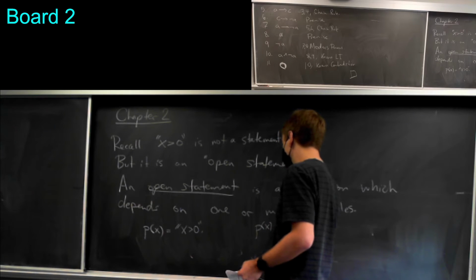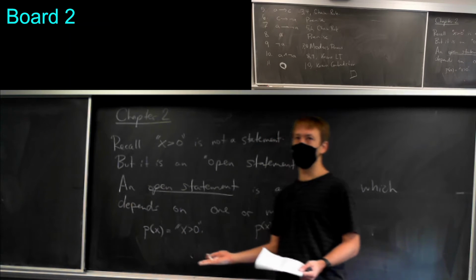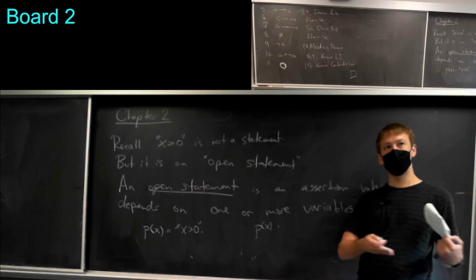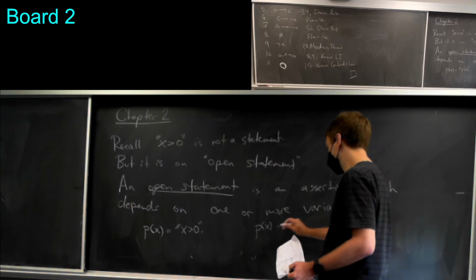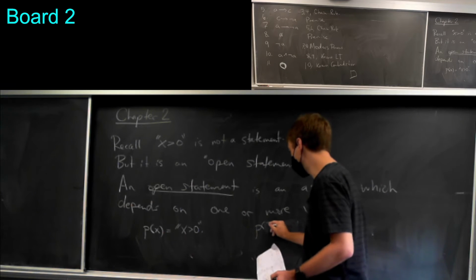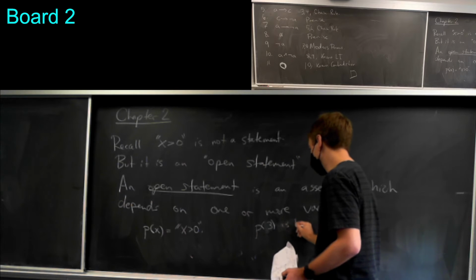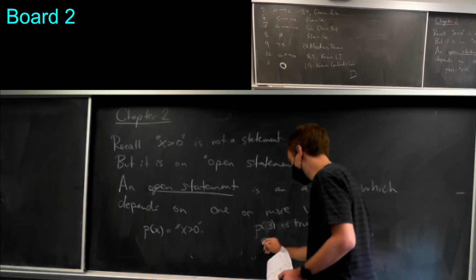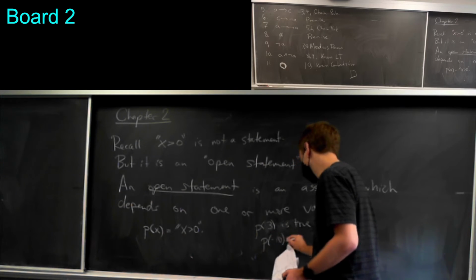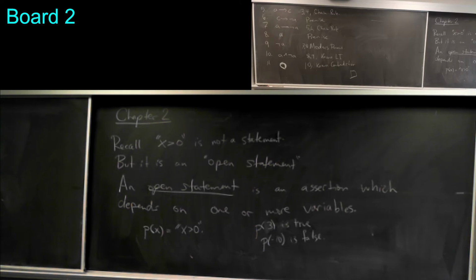So p of x doesn't have a well-defined truth value. It doesn't have the same truth value for every x. If I take p of 3, I would say that's true, but p of -10 is false. Is that sort of clear?